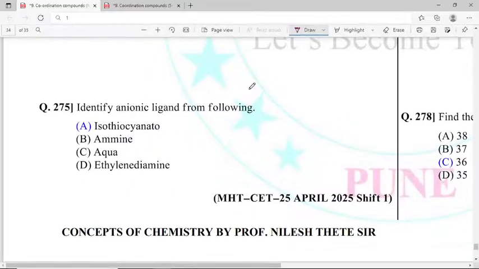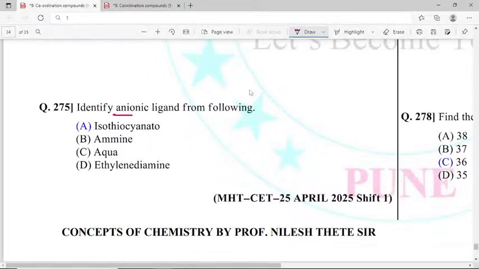Identify the anionic ligand from the following. So the anionic ligand is isothiocyanate, NCS minus. Ammonia, aqua H2O, ethylenediamine EN, all of these are neutral ligands.